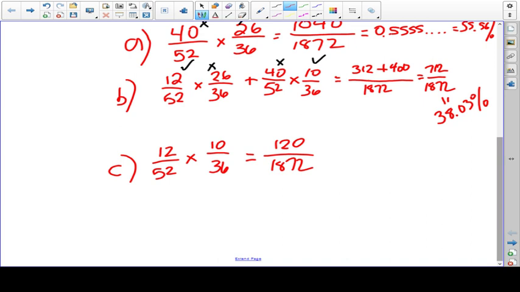And 120 divided by 1872 is, if we write it as a percent, 6.41%. Which works out beautifully. So there we go. That's the probability of both favorable outcomes happening at once. In other words, getting 5 points. Okay?